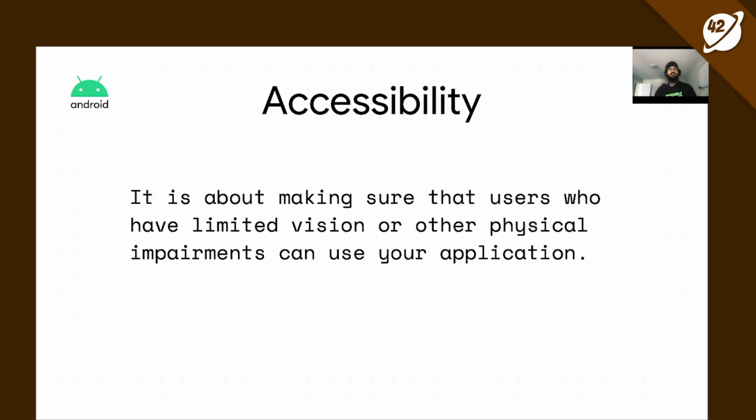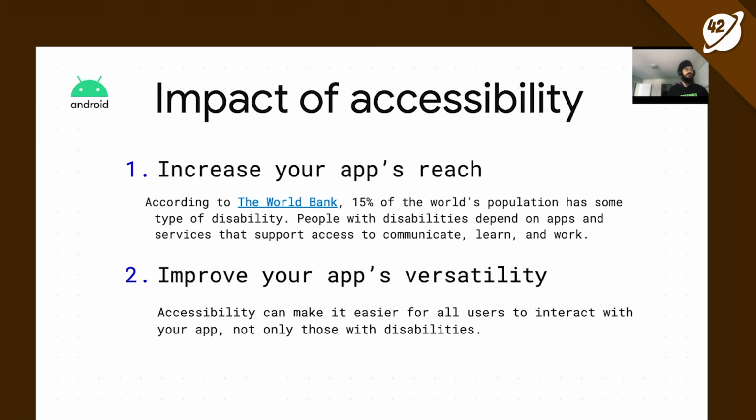We consider this topic as we talk about this, and we will see how we can make our applications accessible for those people who have these kinds of problems or situations. So we will see now the impact of accessibility. The first thing is, as I told you earlier, it's not just about supporting the people who have a disability.